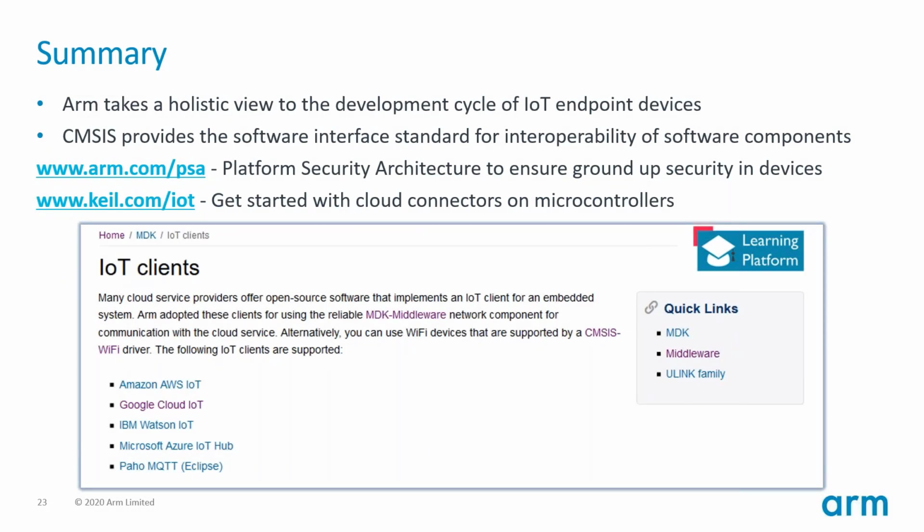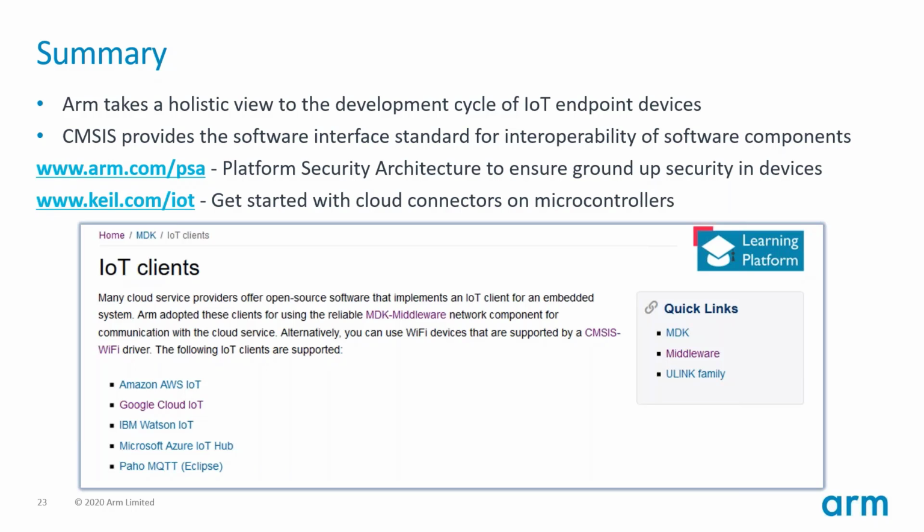So let me summarize what we have discussed. Arm takes a holistic view to the development cycle of IoT endpoint devices. We do this because we envision that we will have a lot of developers that are going to implement IoT endpoints. CMSIS provides the software interface standards that ensure the interoperability of the software components. We have invested into a platform security architecture to ensure ground-up security in these devices.